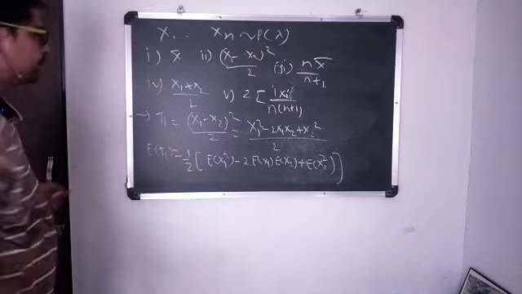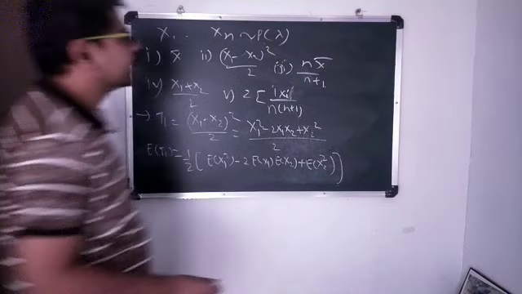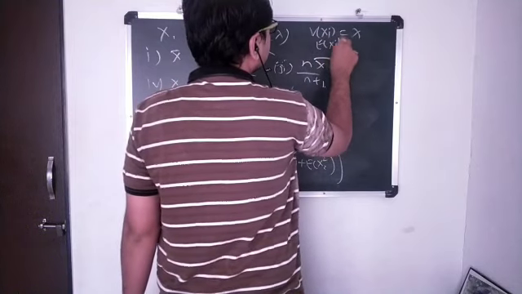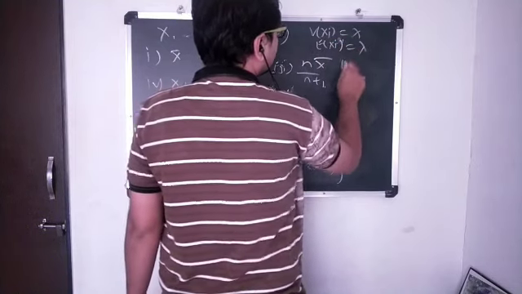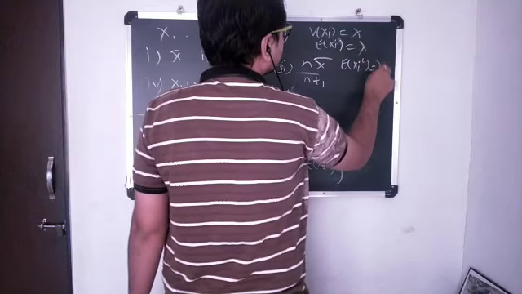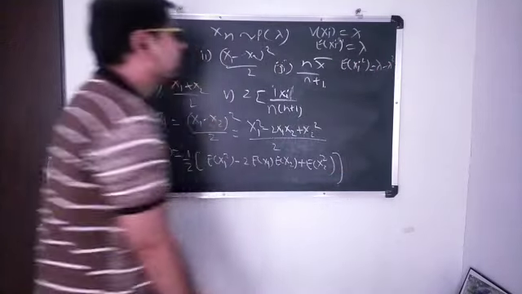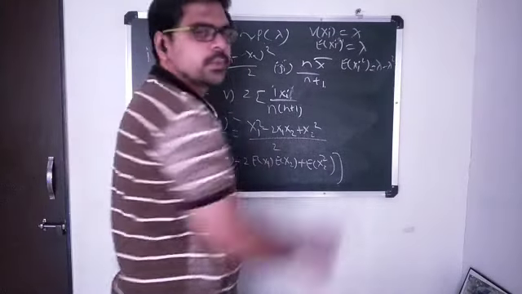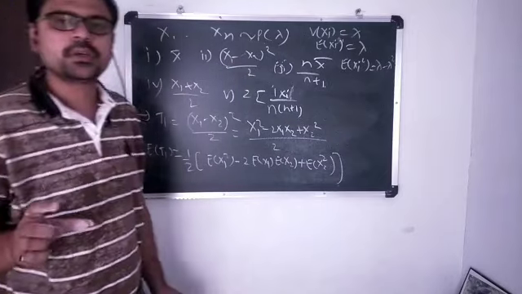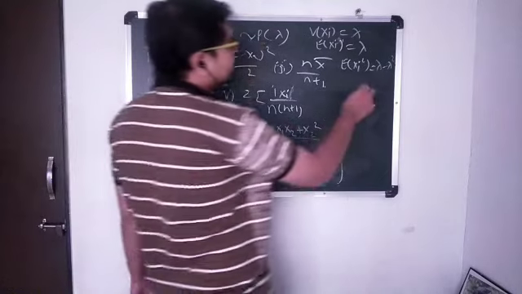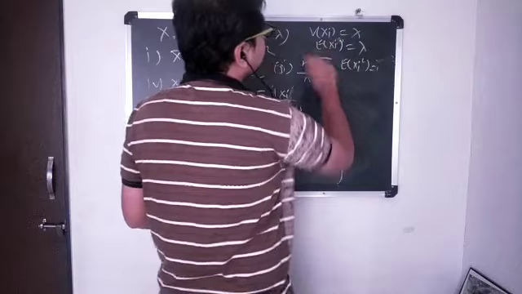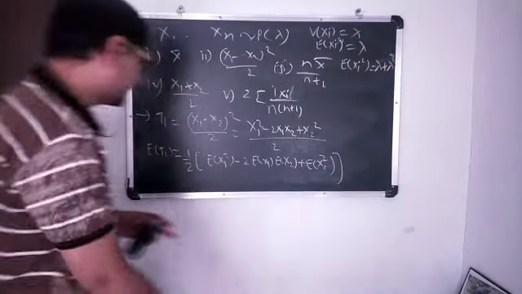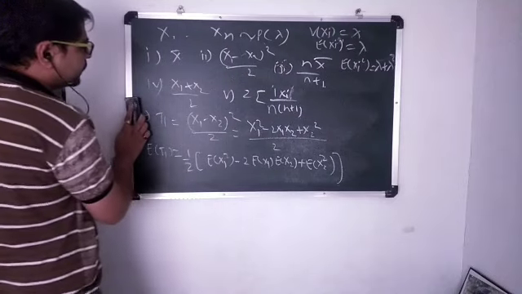Now we know that the variance of xi is lambda and the expected value of xi is lambda. So the expected value of xi square is lambda plus lambda square, since the variance of xi is the expected value of xi square minus the square of the expected value of xi. So now we will put it here.